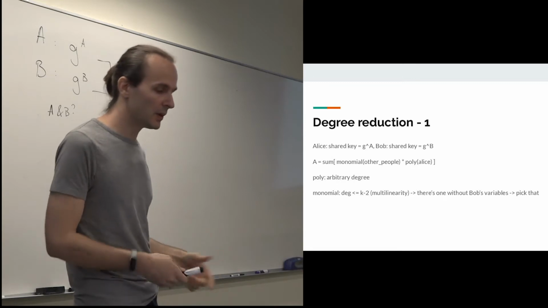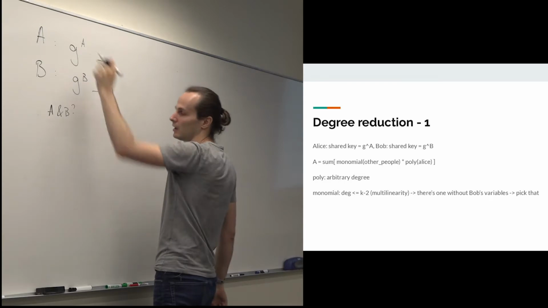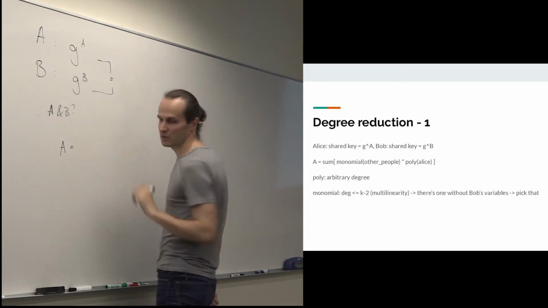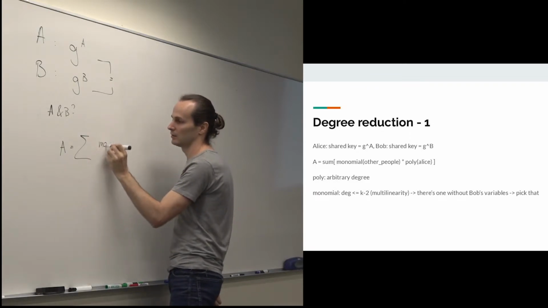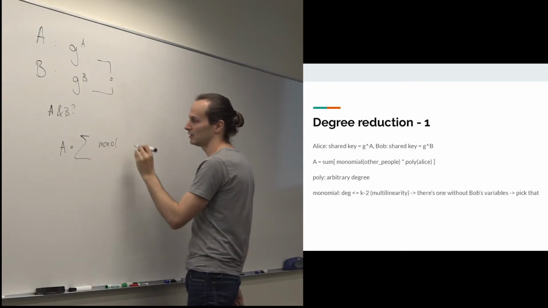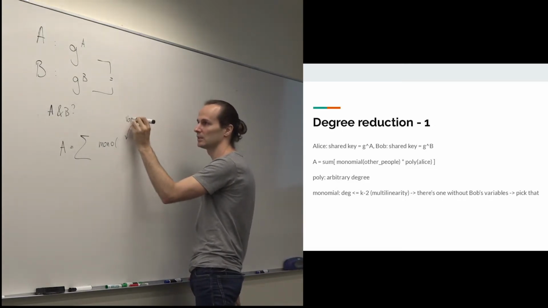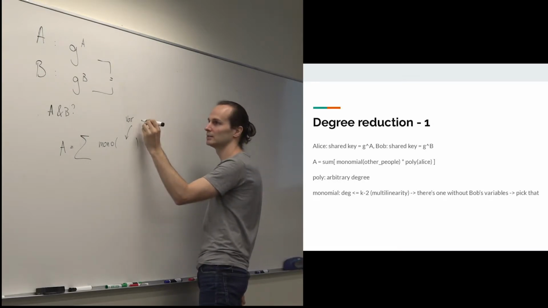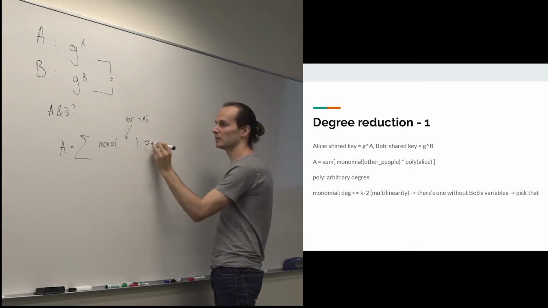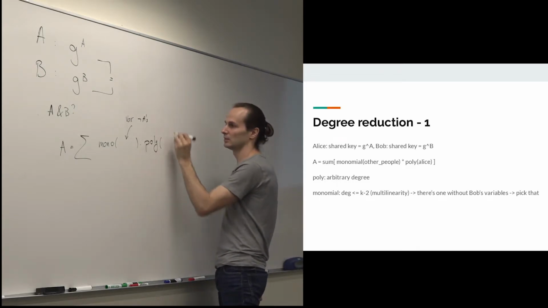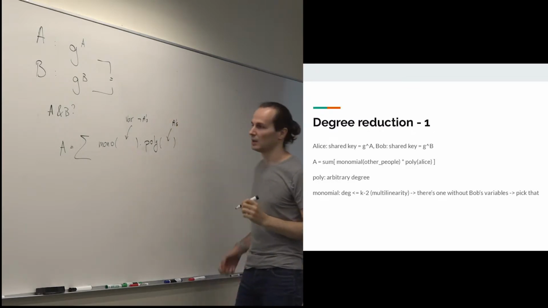Okay, so we can decompose them as sums. The way I'm writing it down is as a sum of monomials in variables that are not Alice's, and then times a polynomial, and this is in Alice's variables.